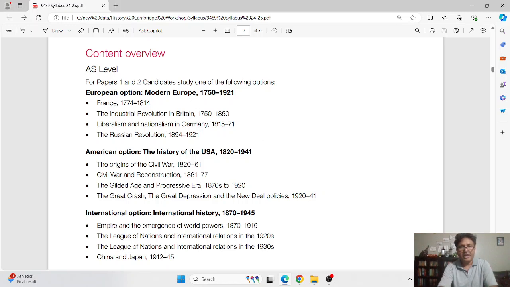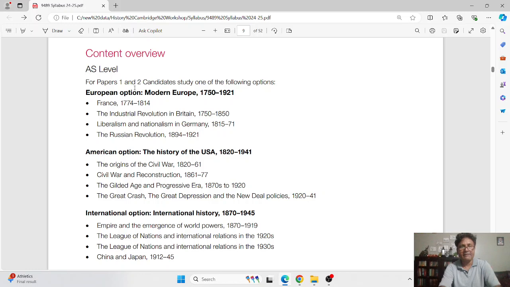Under each option we have four topics or sub-themes. As you can see, there are four topics under each of the European, American and international options.